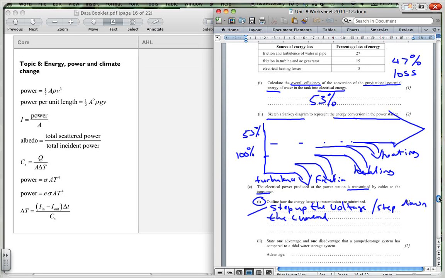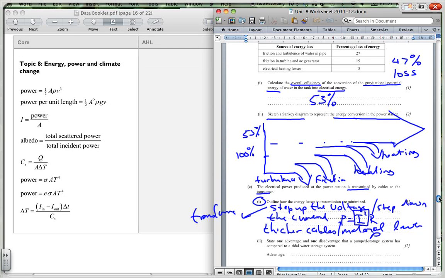So you have what we call a step up transformer. Because power is equal to I squared R, your power losses are an I squared term, so you want to minimize that as much as possible. And you can also have thicker cables, and use materials that have a lower resistivity.